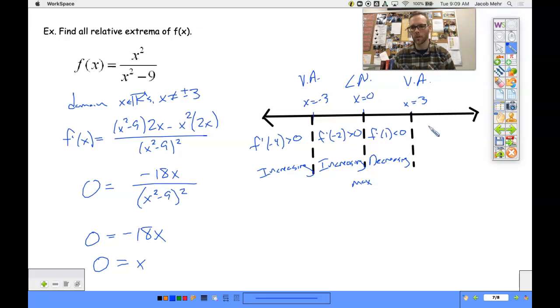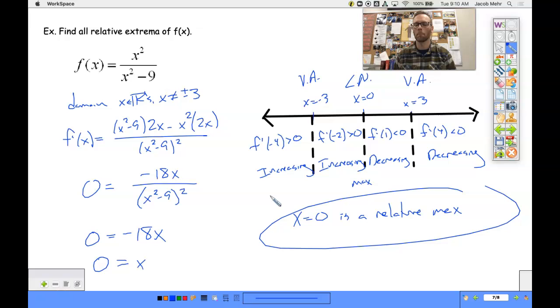On the other side of the vertical asymptote, at 4, again, it's a negative divided by a positive, which is negative, so it's decreasing there as well. So as for extrema, x equals 0 is a relative max.